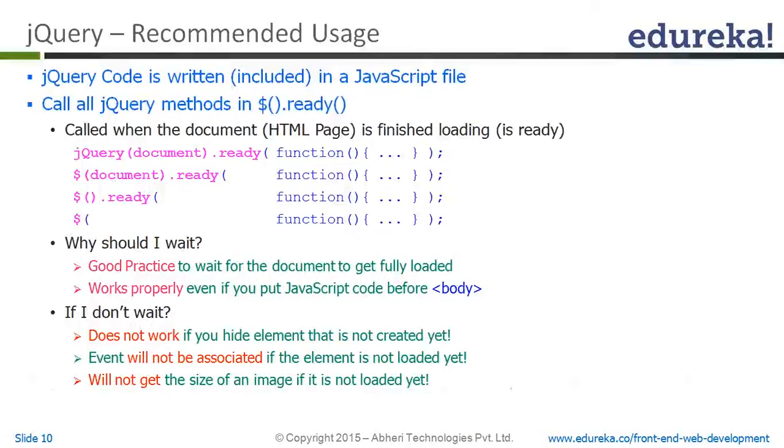So that is a third, shorter notation: $, omit the document completely, then just .ready, and the function is again the same. You don't even have to call ready explicitly. You just say $, and within the brackets give the function, which means this function should get called when the document is loaded. All these 4 lines do exactly the same thing.